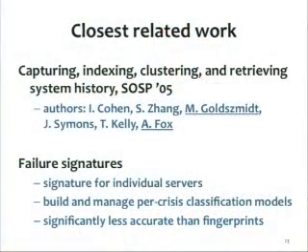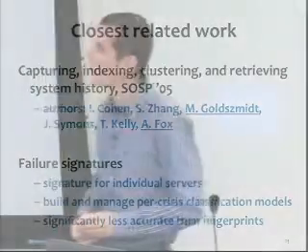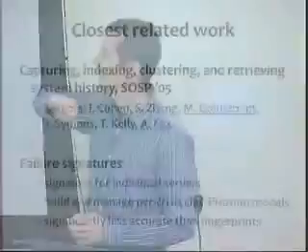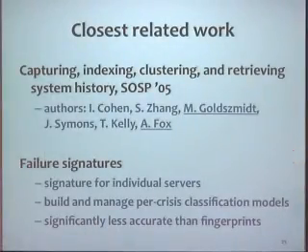All right, next slide. So the closest related work is this paper from SOSP 05. It has some overlapping authors. Moises and Armando Fox were in that paper. What they designed there they called failure signatures. The main differences were that each signature was for an individual server, not for a whole large-scale application, so it doesn't directly apply to this scenario.